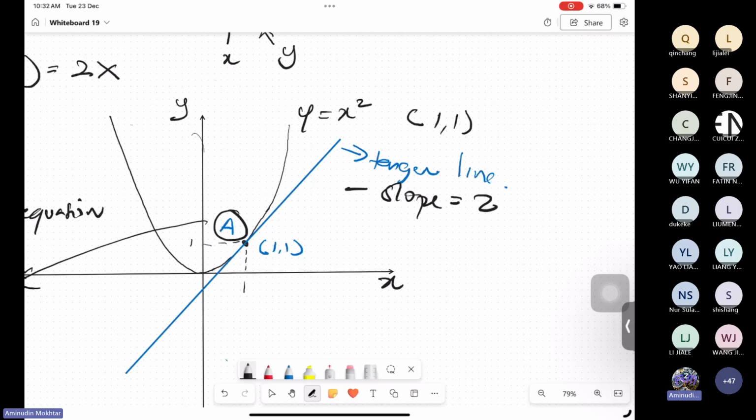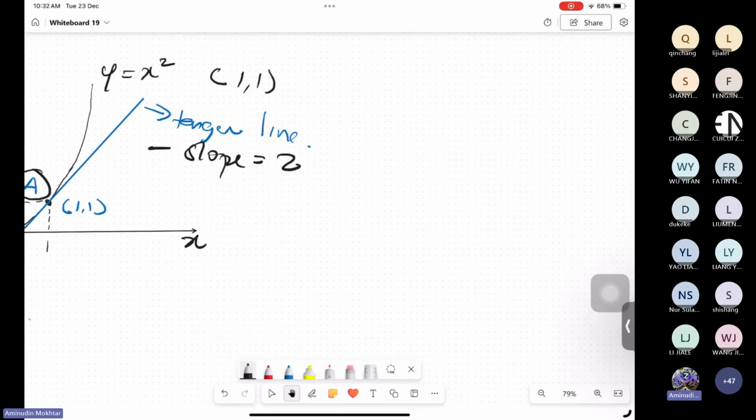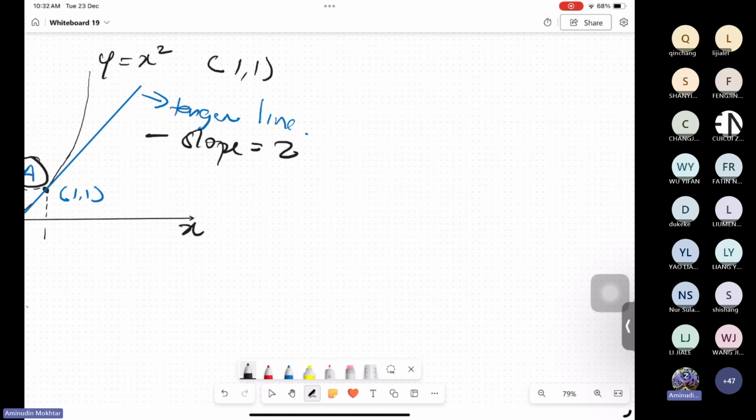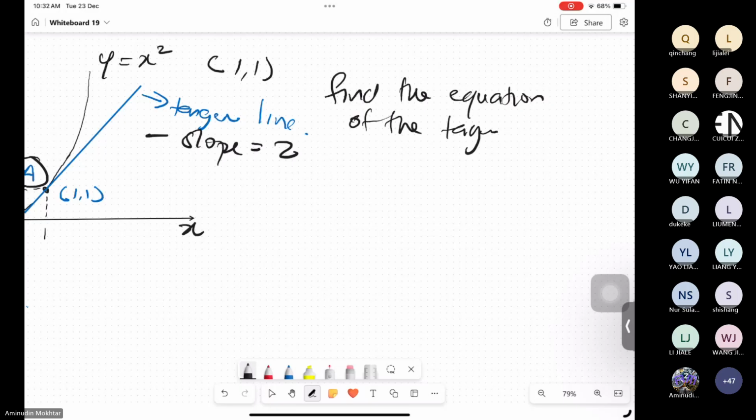Okay, the next question is an additional question. Let's say I would like you to find the equation of the tangent line.